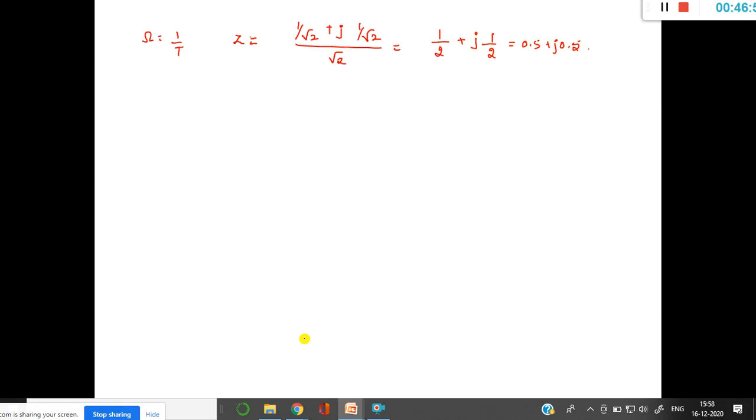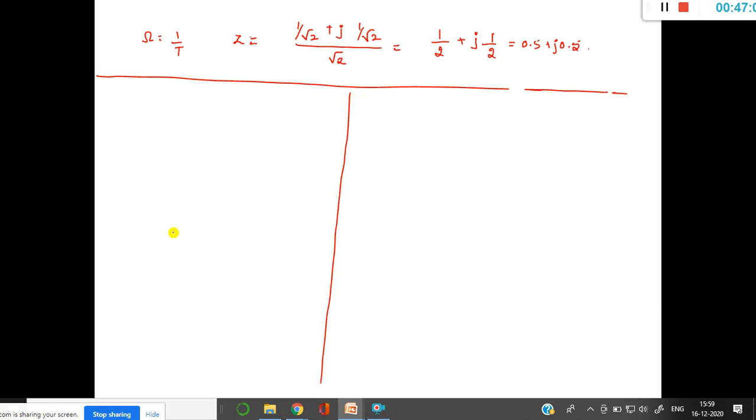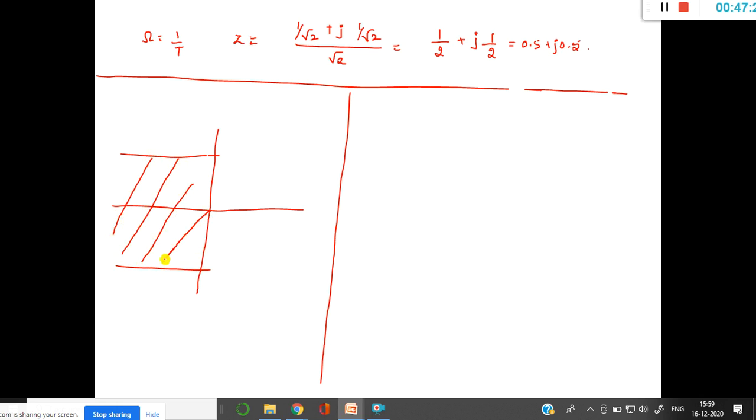Now let us map this from the S plane to the Z plane, okay? So here is my S plane. For a stable system, all the poles lie within this range. That is, omega equal to 1 by t, infinity, minus infinity, and somewhere else here minus 1 by t, and 0, okay.